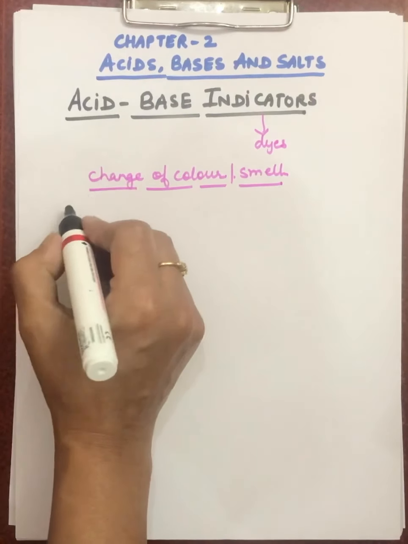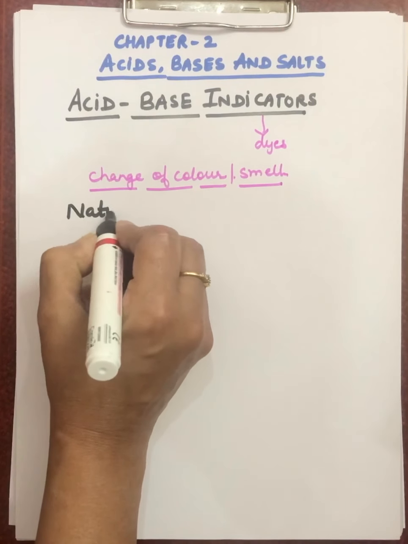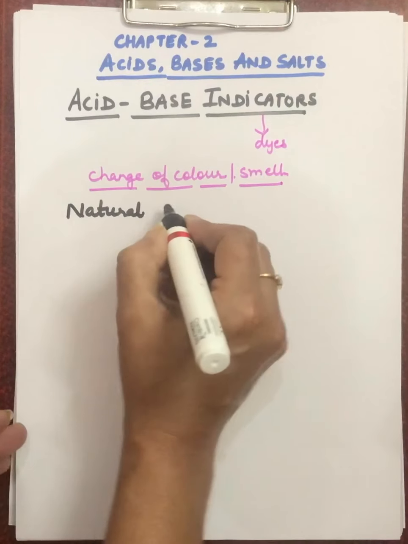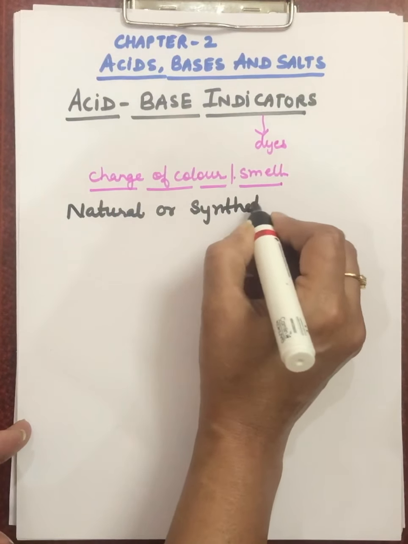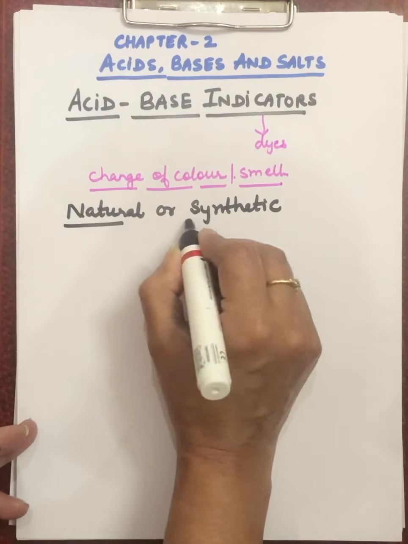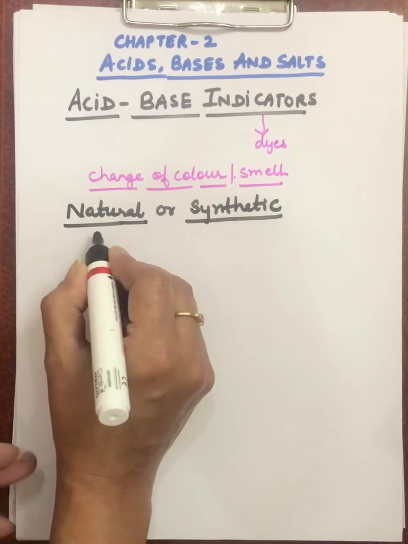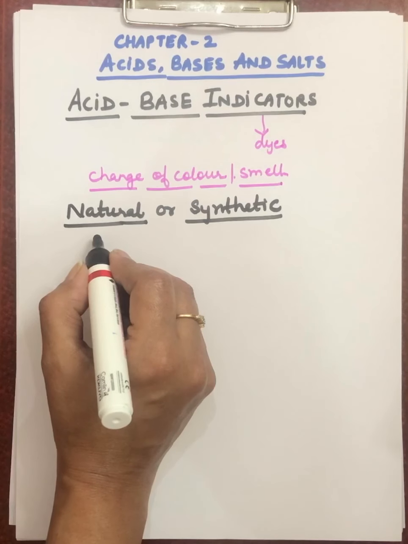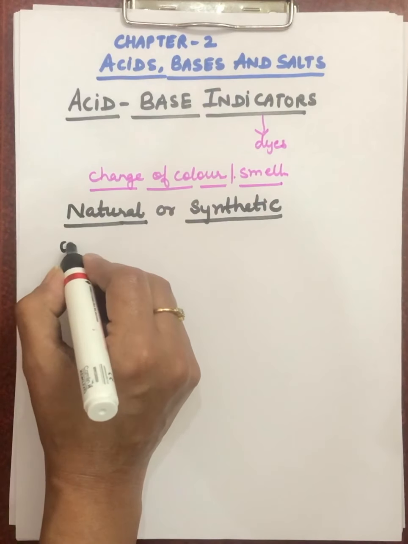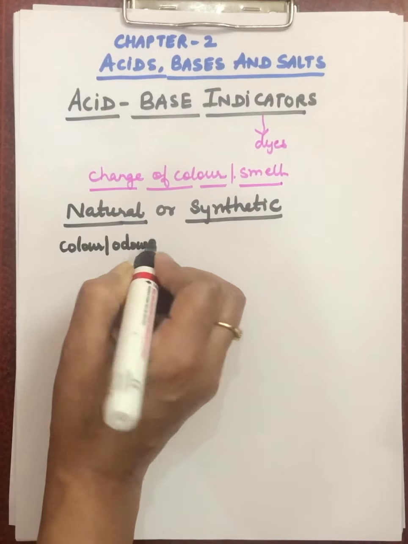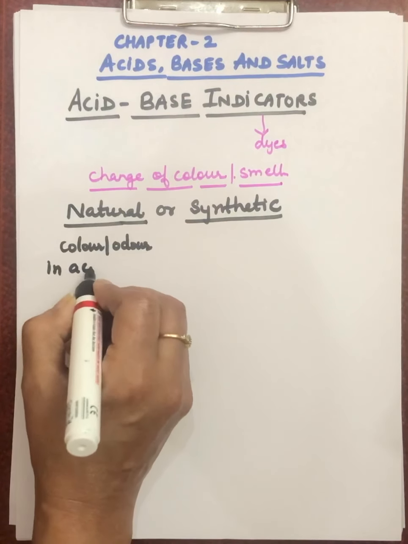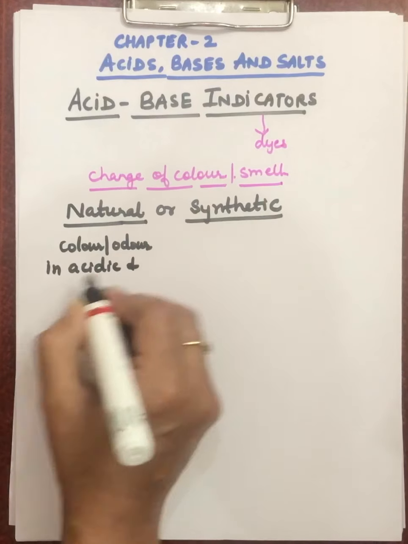Now, indicators may be natural or they can be man-made, that is synthetic in nature. What are natural indicators? These are made from natural substances, from the substances which occur in nature, and they show different characteristics like color or odor in acidic and basic medium.